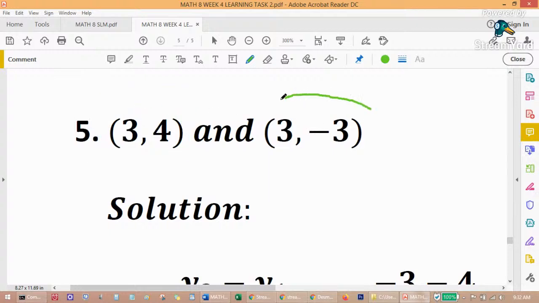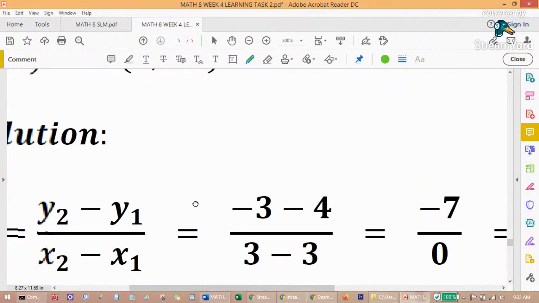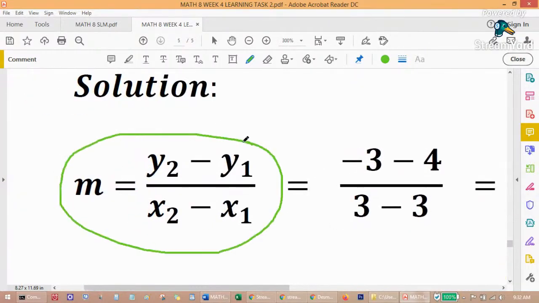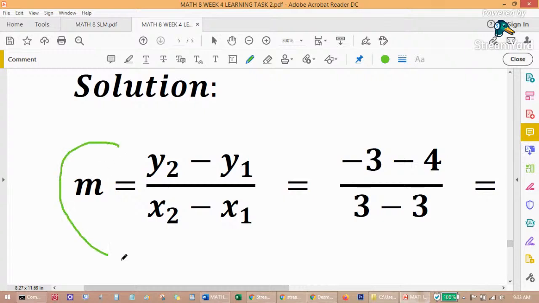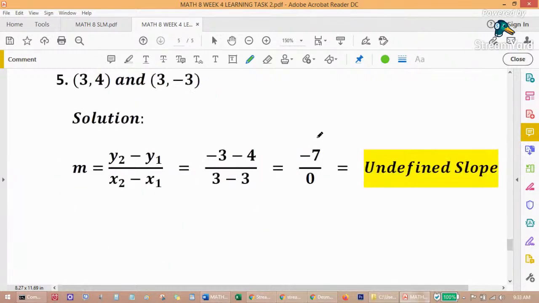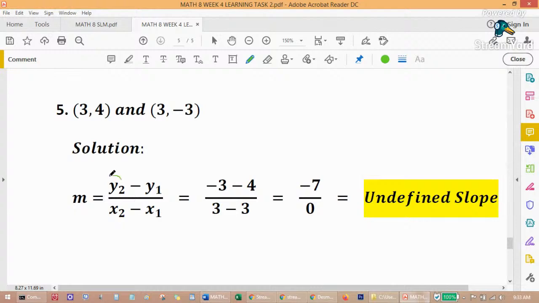And then the second point is x is 3 and y is negative 3. Okay? Again, we need the formula of the slope. We will just follow the formula of the slope. The formula says, the second y is negative 3 minus the first y, which is 4.